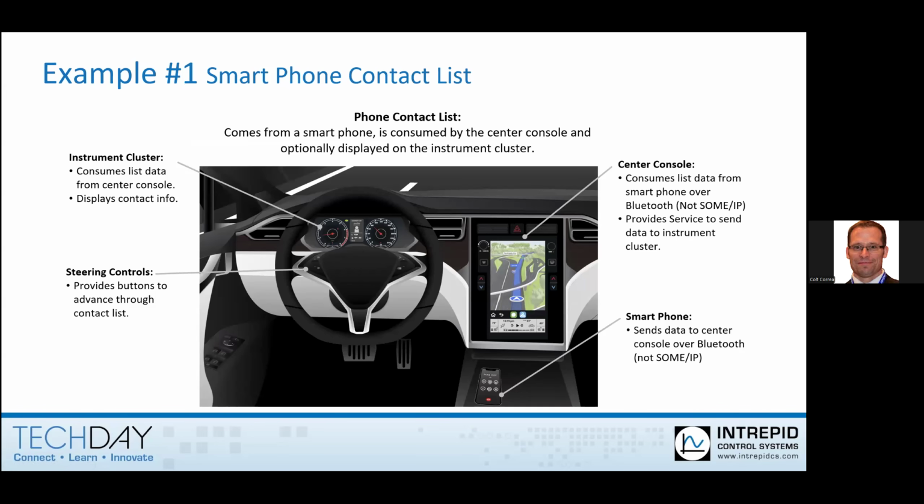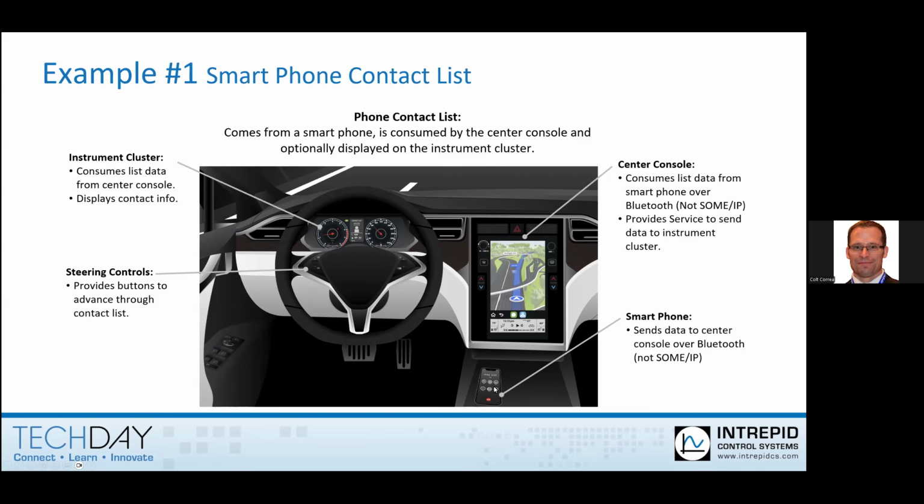So let's go through an example to understand this better. The first example that we like to use is a smartphone contact list. Let's just assume that we have a smartphone inside the vehicle, and the smartphone connects to a center console module over Bluetooth, which is not related to SOME/IP.